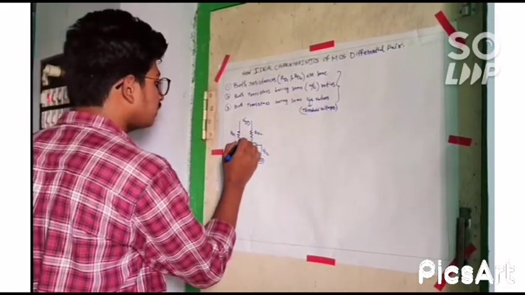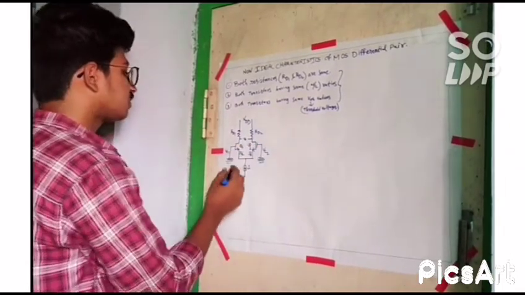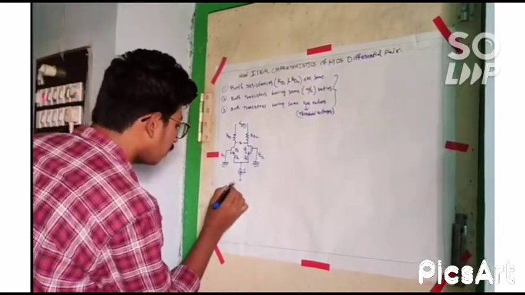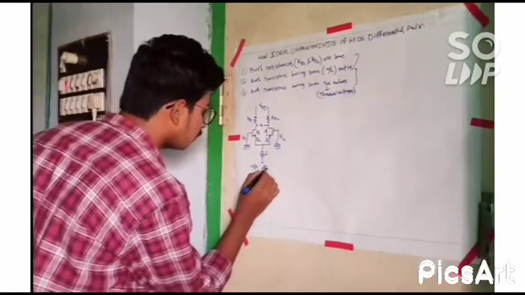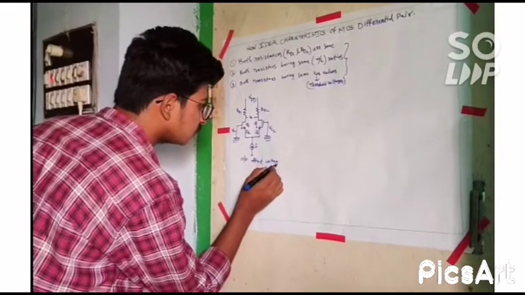And the output voltage is something that is non-zero, which is called output offset voltage.